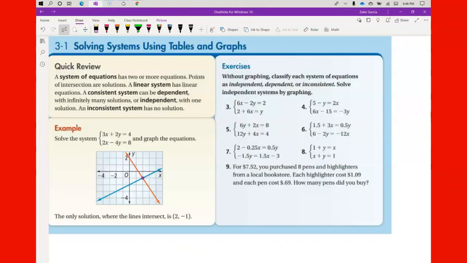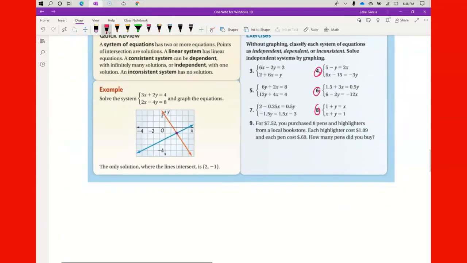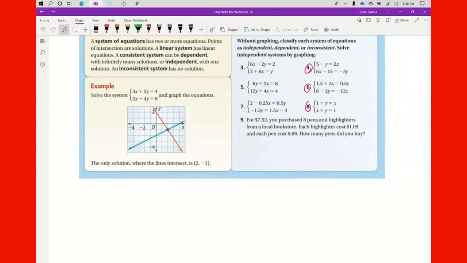For this part of the review, I'm going to change the directions. I'm going to ask you to solve the systems of equations, and you are responsible for 4, 6, and 8. I'm going to go ahead and do 3, 5, 7, and 9, and I'm going to write it in slope intercept form, and then I'm going to use Desmos to graph.